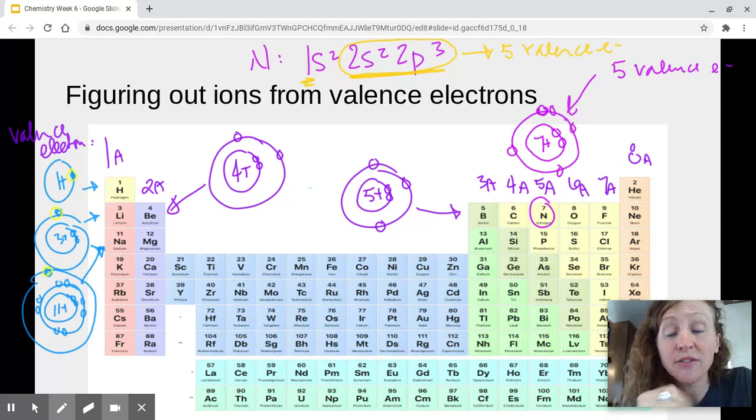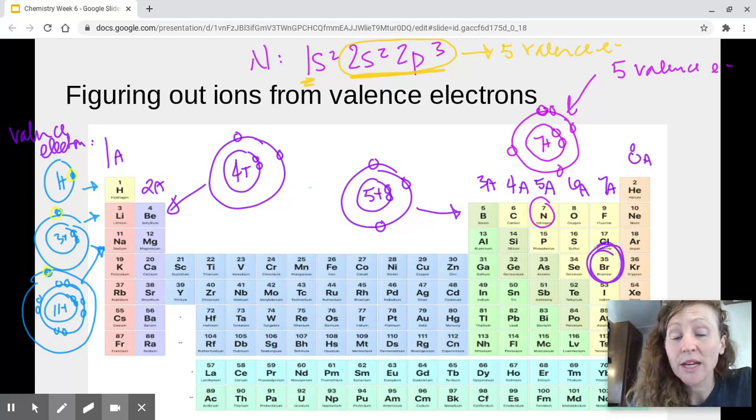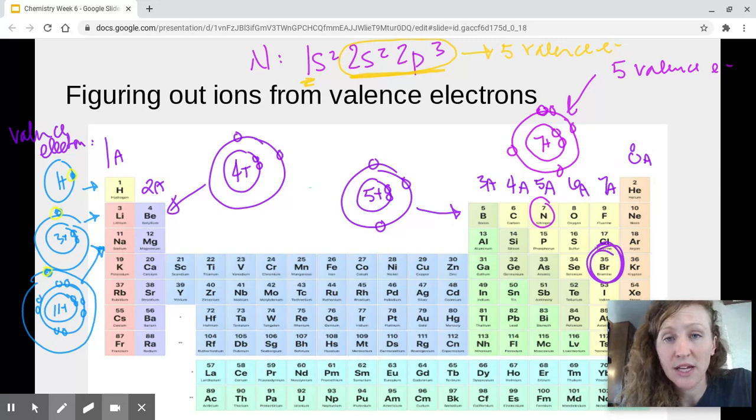So we have 3 different ways to figure out the valence electrons for an atom. If I were to ask you just a random representative element, you should be able to tell me how many valence electrons that element has.